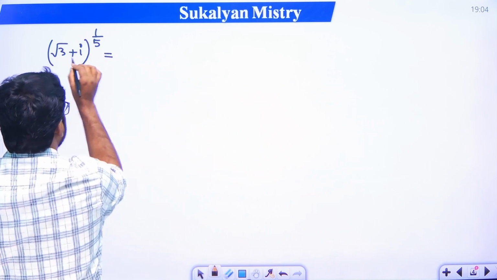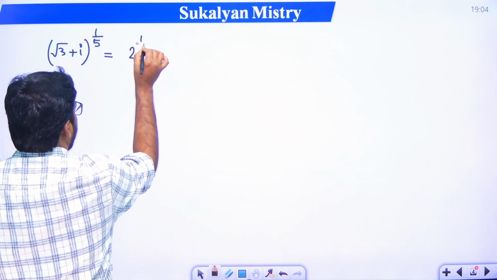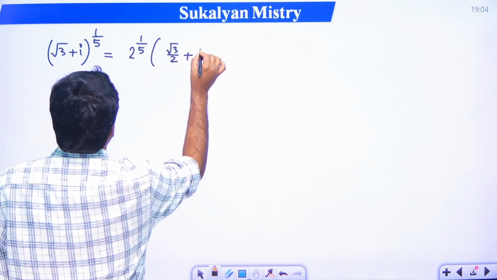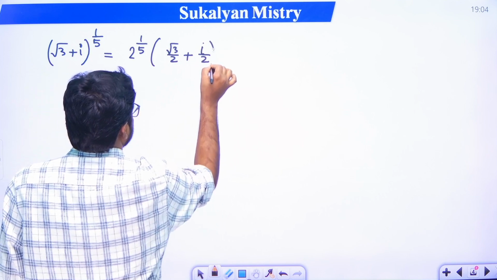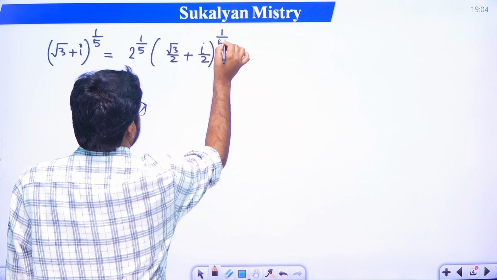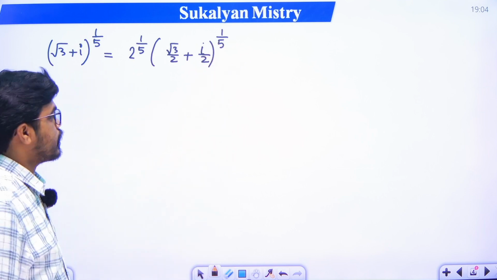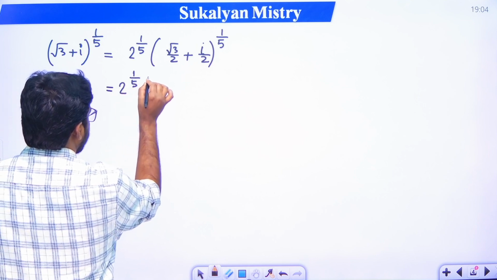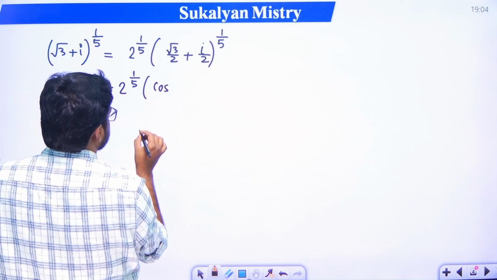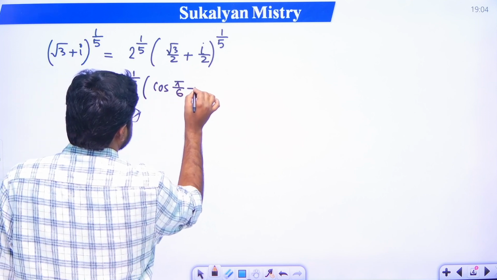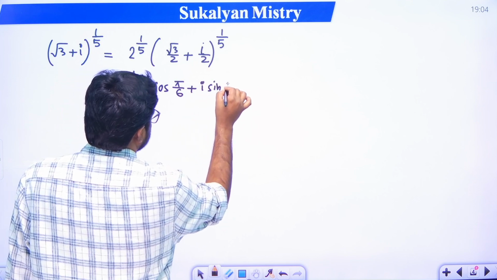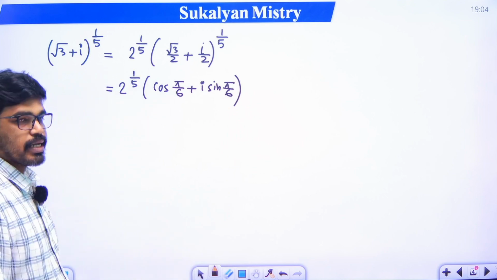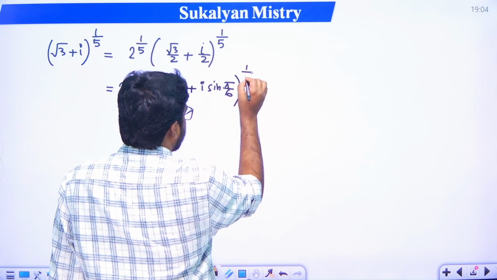So we can write 2 to the power 1 by 5 into root 3 by 2 plus I by 2 to the power 1 by 5. So this equals 2 to the power 1 by 5 into cos pi by 6 plus I sin pi by 6, whole to the power 1 by 5.